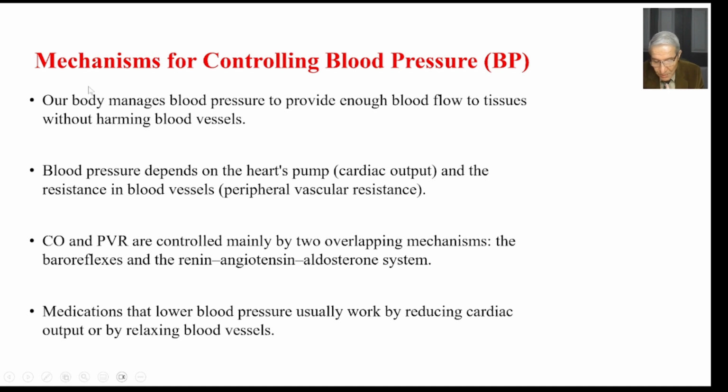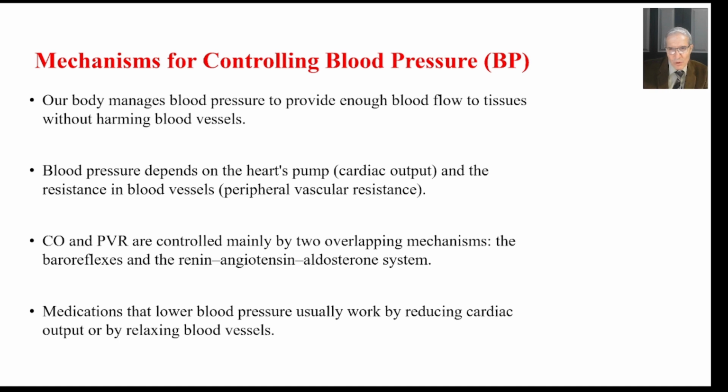So for this reason, we are going to speak about what mechanism we have in our body to control blood pressure. Do we have a mechanism for controlling blood pressure? Speaking about how blood pressure is controlled in our body, the topic now is the mechanism for controlling blood pressure.